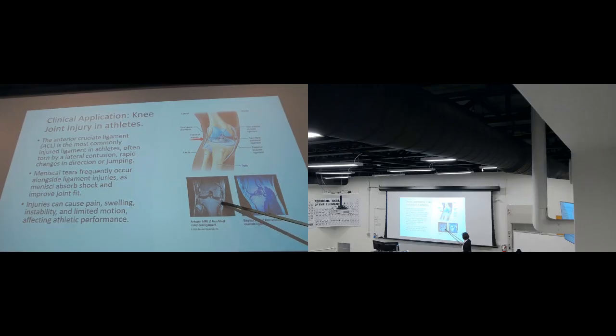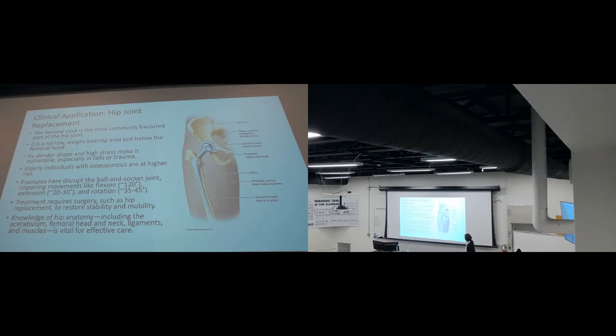So here is a torn ligament with an MRI in the anterior view, and this is the sagittal view showing you a torn anterior cruciate ligament. So this causes instability of the joint and limited motion.